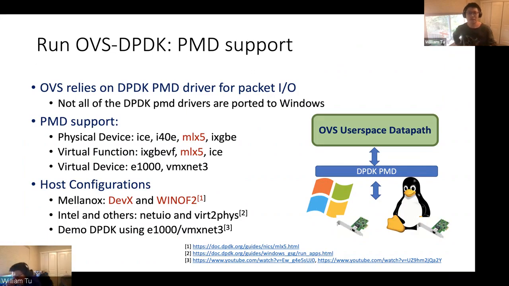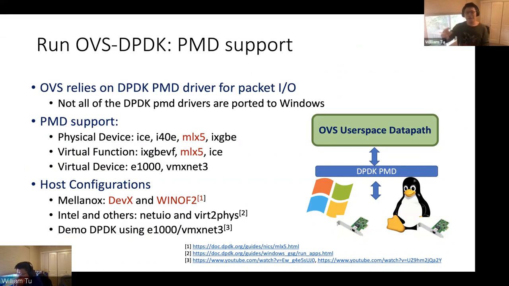If you have Mellanox, it has MLX5 support. If you are running pass-through using a virtual function and run Windows inside a VM, then you can use ixgbe VF, Mellanox, or ICE. Or if you are running a VM with an emulated software device like E1000 or VMXNET3, it is also supported.